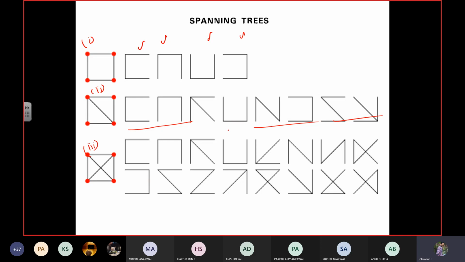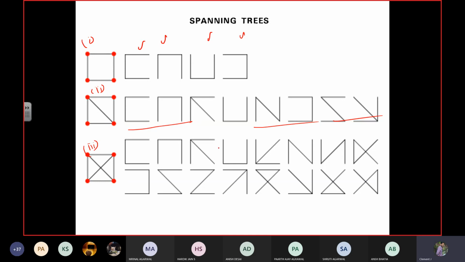That can be a 3-mark or 5-mark question, depending on the number of vertices in the graph G. In the exam, you have to know the definition: the spanning tree should cover all the vertices, and at the same time the subgraph should be a tree, so it should not have any cycle.